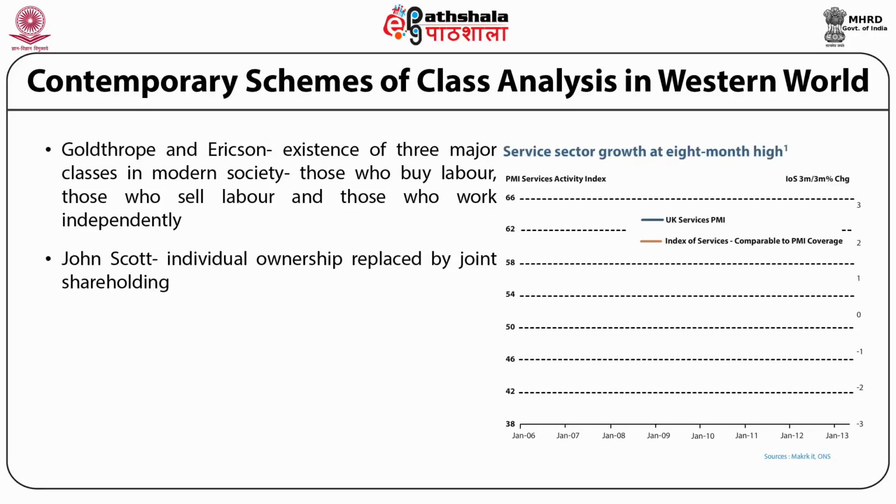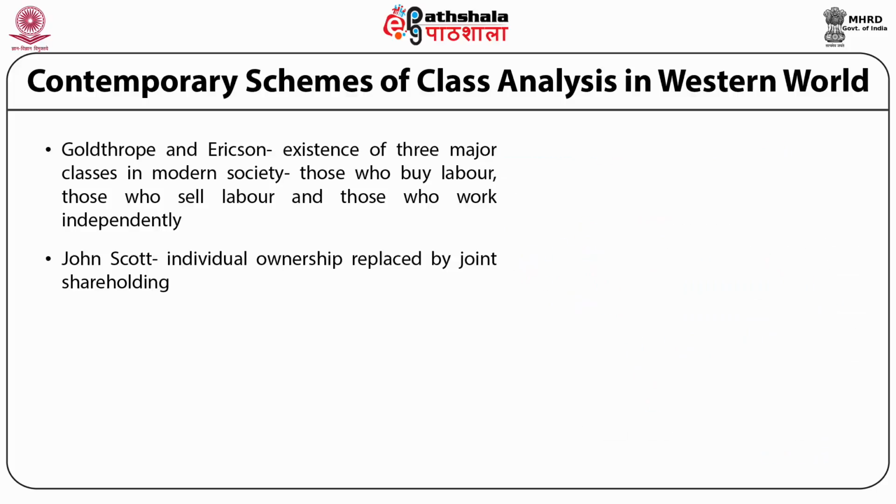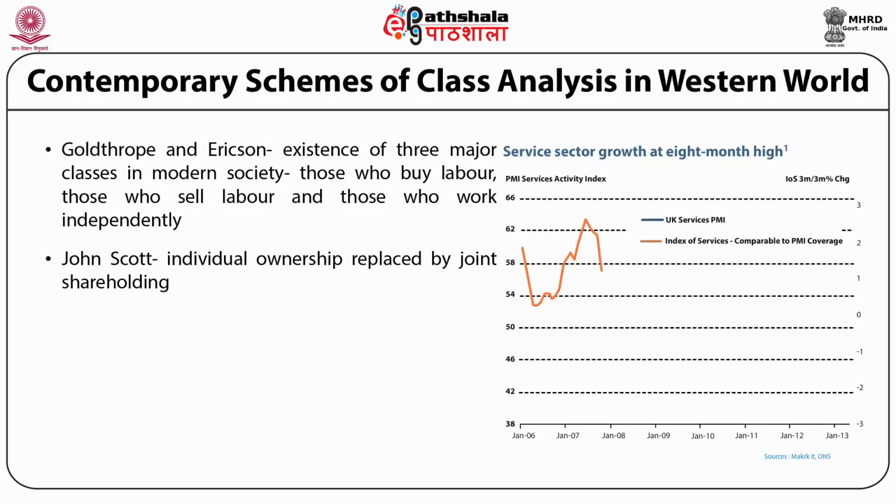So in that sense, individual ownership has now been replaced by joint ownership or joint shareholding. And the shift from individual ownership to joint ownership has led to a transformation or change in the nature of class structure and class relations in contemporary Western societies.